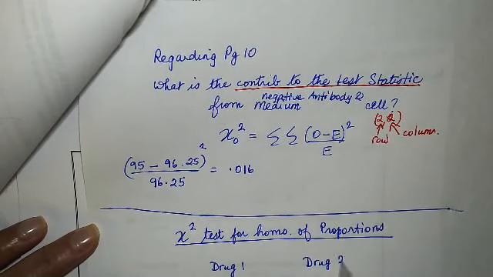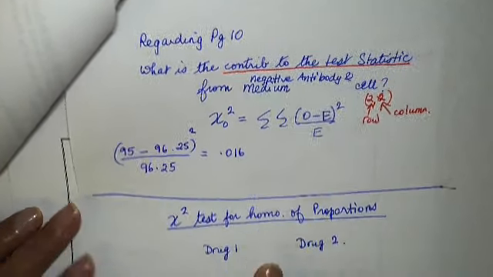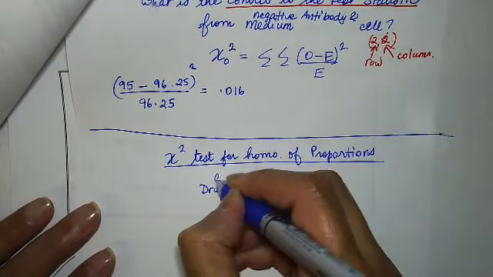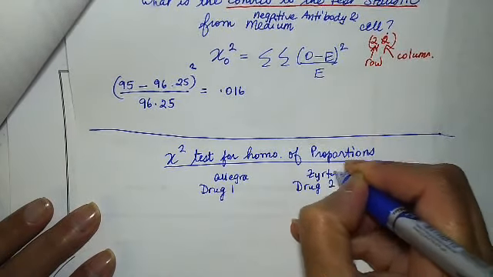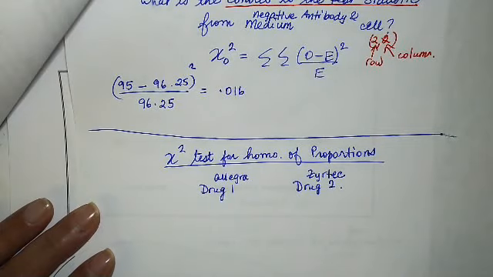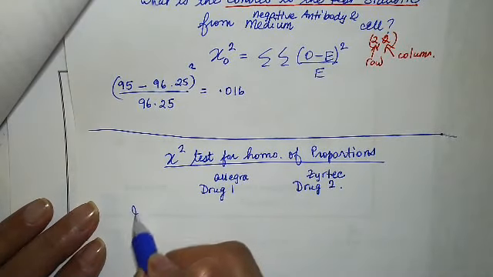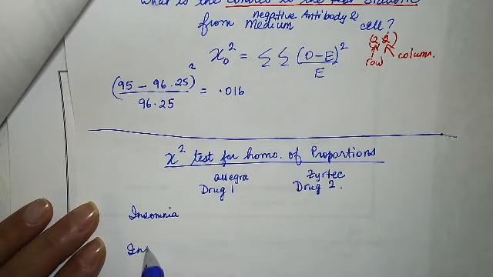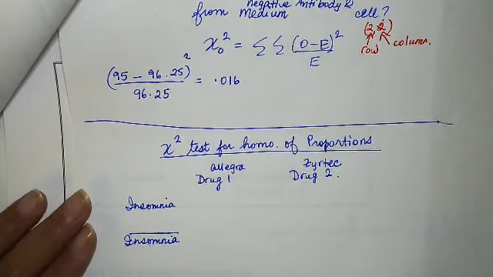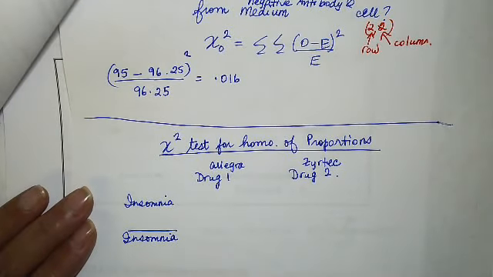Let's say that I have 2 drugs. Chi-square test for homogeneity of proportions. Let's say that I have 2 drugs, drug 1 and drug 2. So for example, Allegra and Zyrtec.